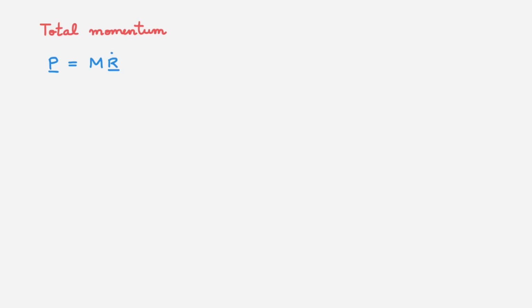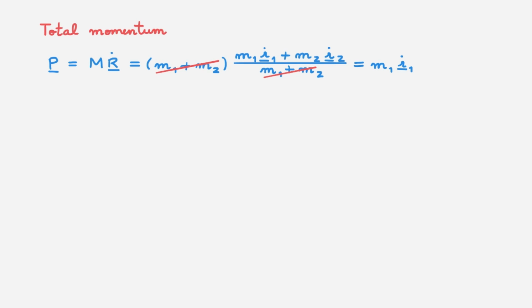We can now expand the total mass as the sum of the masses of our two particles. And using the definition of the center of mass position, we get this second term. We can now cancel this term with this term and end up with m1 r1 dot plus m2 r2 dot. This is simply the classical momentum of particle 1, and this is the classical momentum of particle 2.